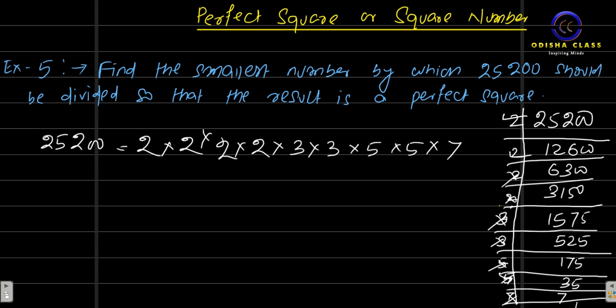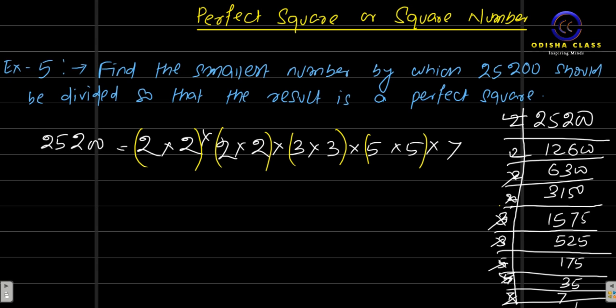Now let's start making the pairs. 2 and 2 is one pair, this is another pair, this is another pair, this is another pair. But here we observe that 7 cannot be paired.